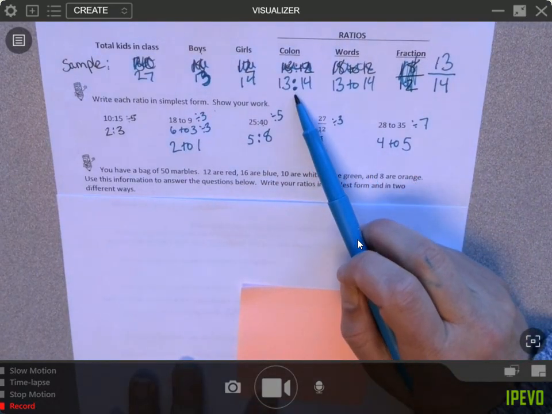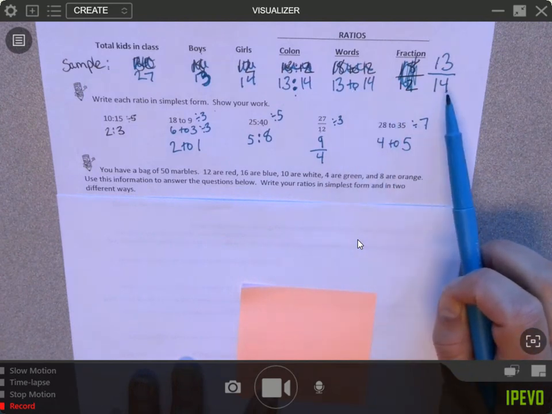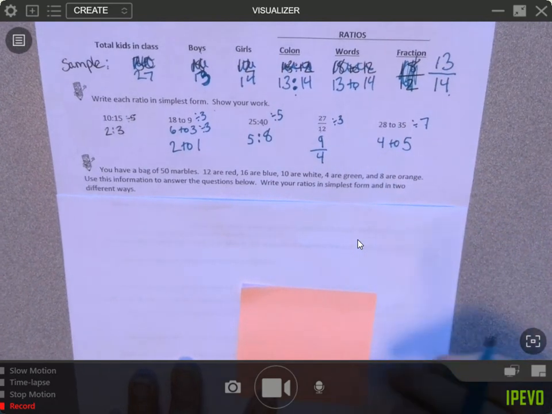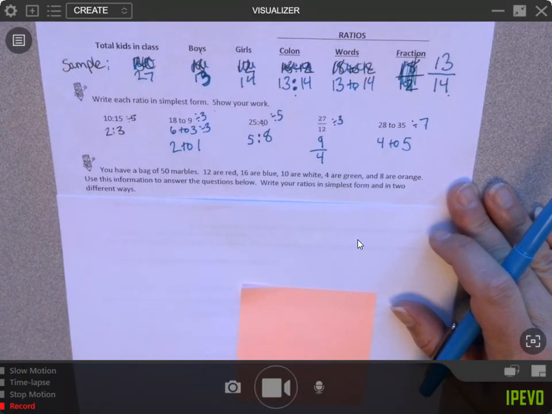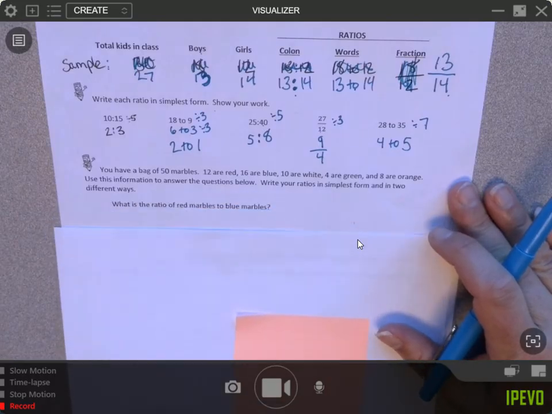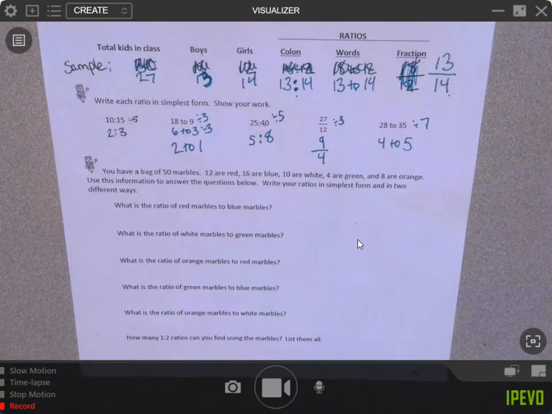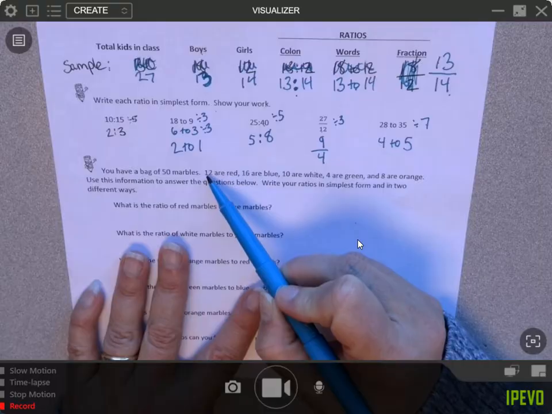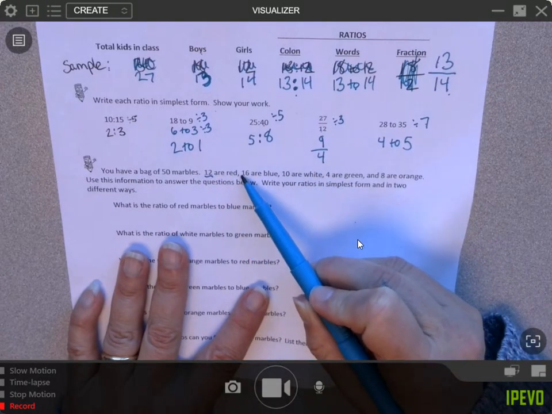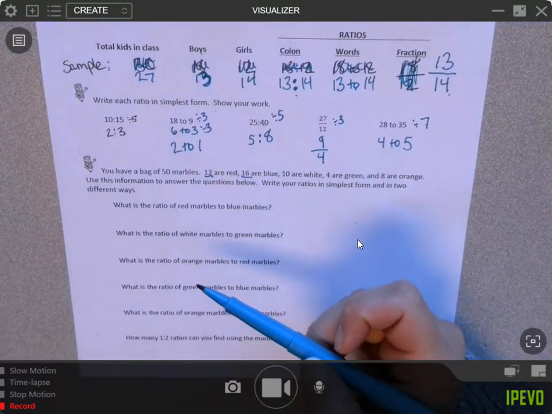We have the colon, the word to, and the fraction. So you need to pick 2 of them. Okay, you need to show your ratio in 2 different forms, and they need to be as simple as they can get. So, what is the ratio of red marbles to blue marbles? So, red to blue. How do you think I could write that, Adeline?